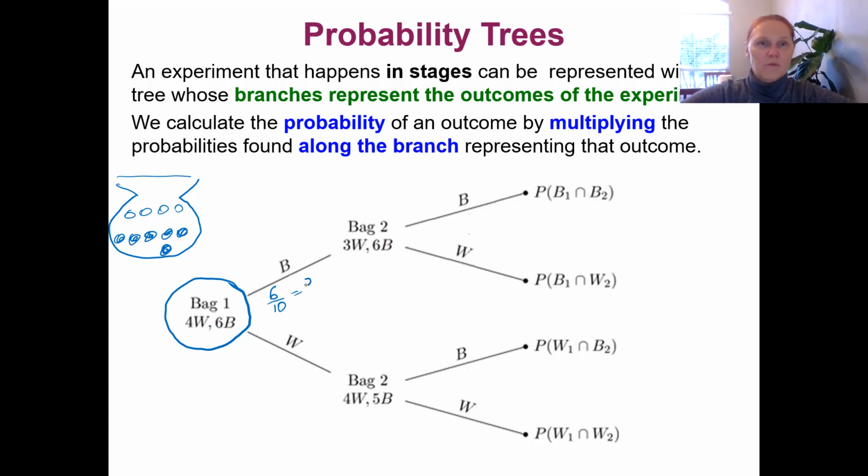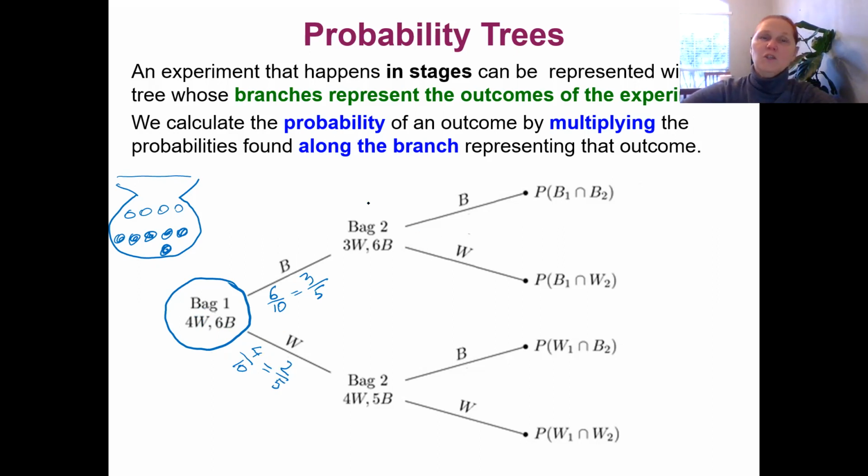It will be 3 over 5. The probability of getting a white ball will be 4 over 10. There are 4 white balls from the total of 10. We can simplify the fraction by dividing by 2, 2 over 5.